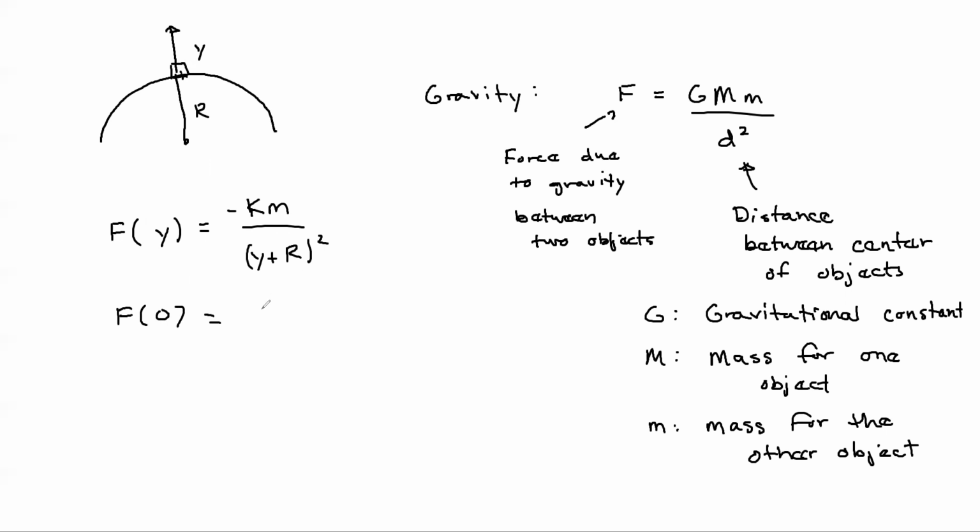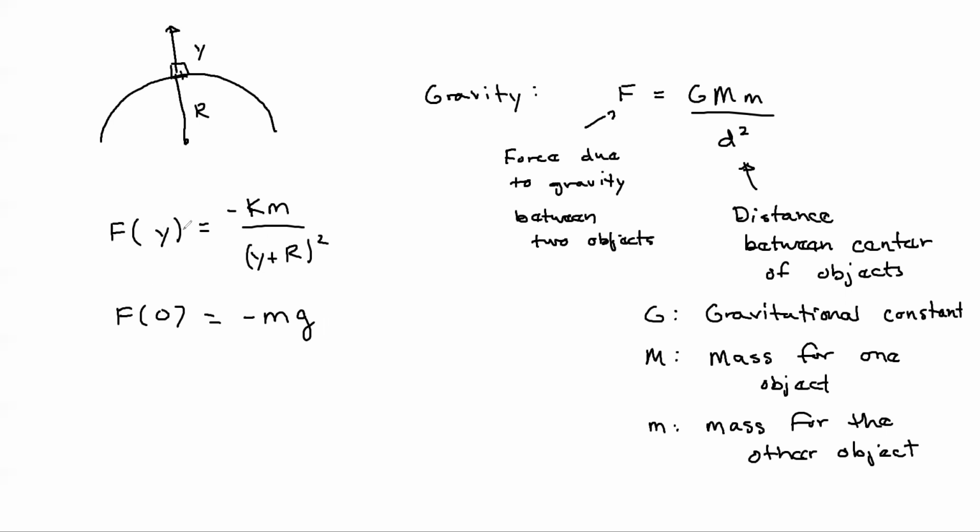That force we know is negative mg, the result we've used previously for modeling forces due to gravity on the surface of the Earth. So this gives us a general formula for the force at the surface or above. If we plug in 0, we get the force on the surface of the Earth.